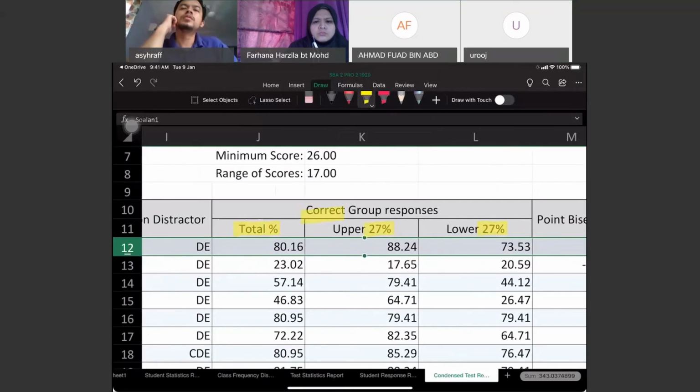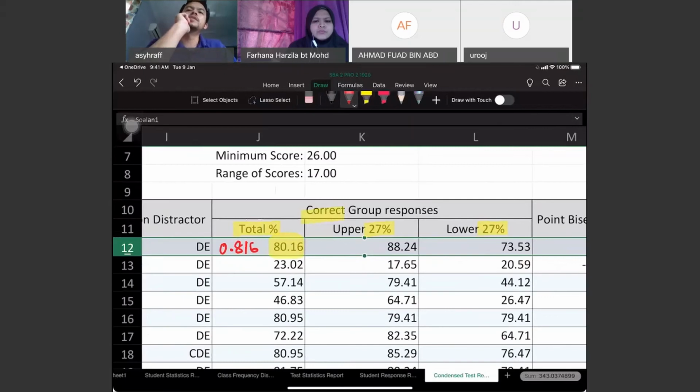But what we are interested in is this one. This is the total, how many percent of students were able to get it right. As you can see, this is 80.16%. If you are more familiar with decimals, this will be 0.8, 0.816. So this is quite an easy one.